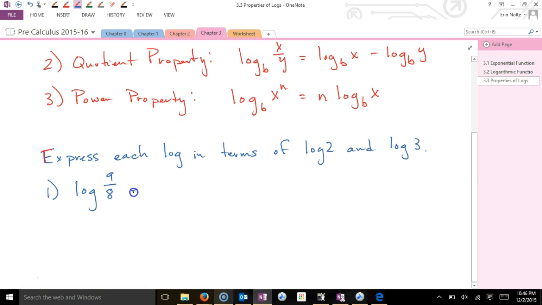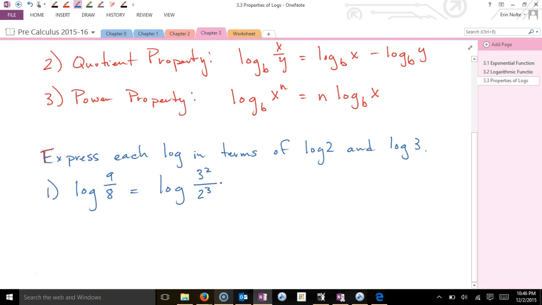So we could say this would be equivalent to 3 squared. How would you get an 8 by using 2s or 3s? But no 4s, you can't use a 4. 2 cubed, 2 times 2 times 2. 2 cubed.